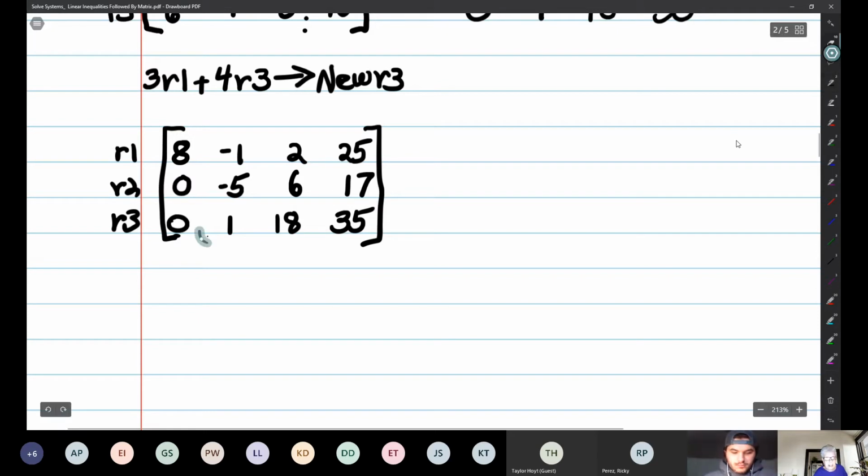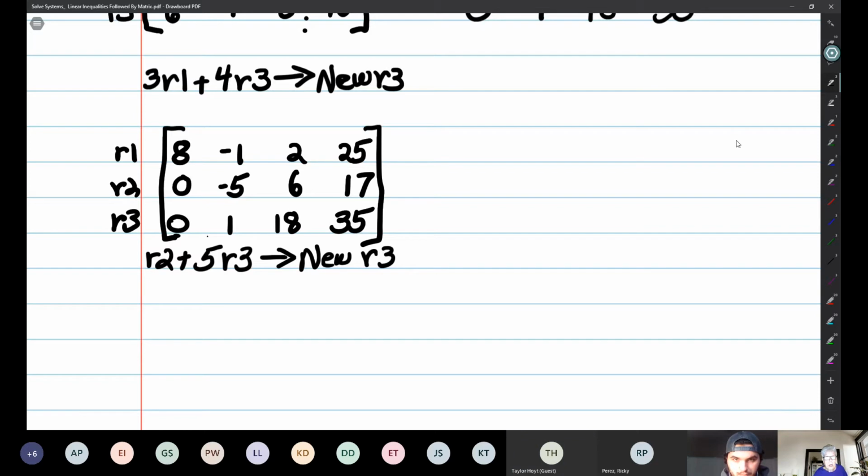And that would be tragic. Okay, so I'm going to leave row 2 just the way it is. And I'm going to add it to 5 times row 3. And they will add together to be the new row 3. I have to do it again. I have to have row 3 twice because I'm putting 2 zeros in there.